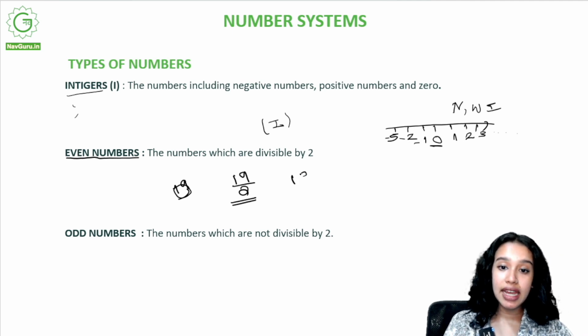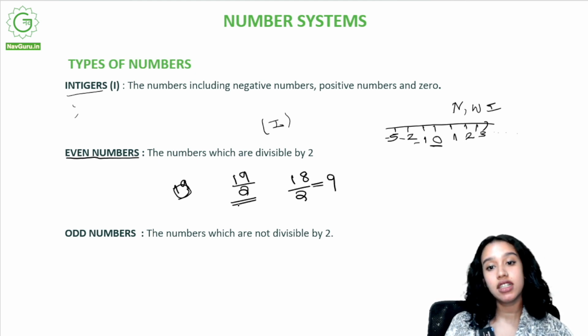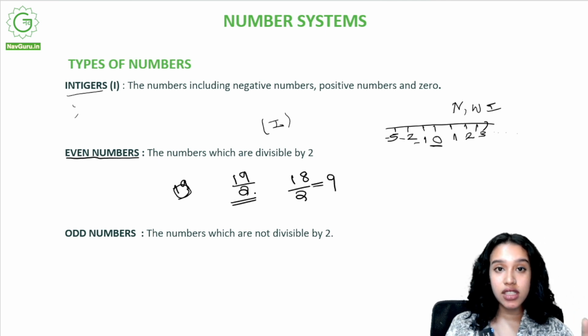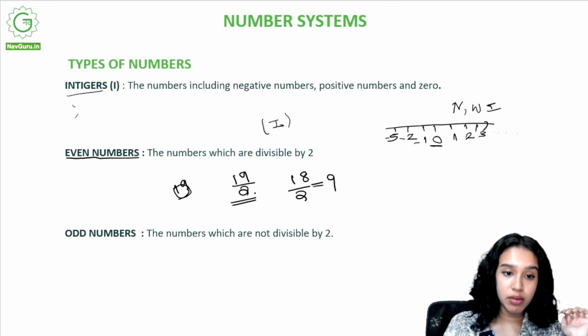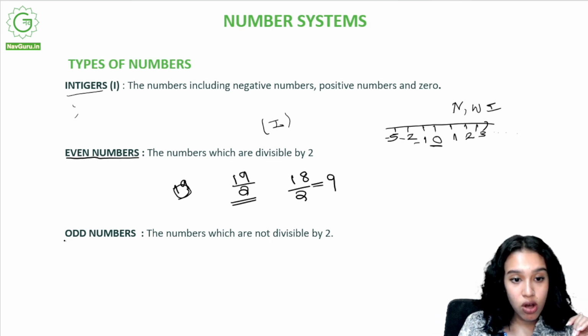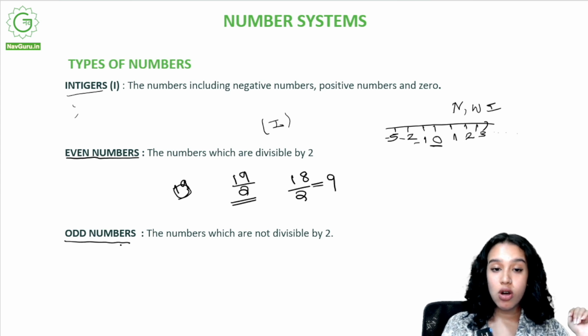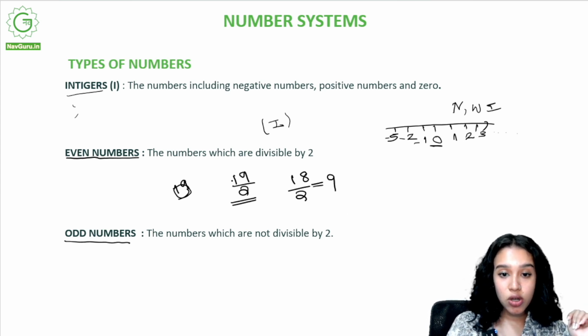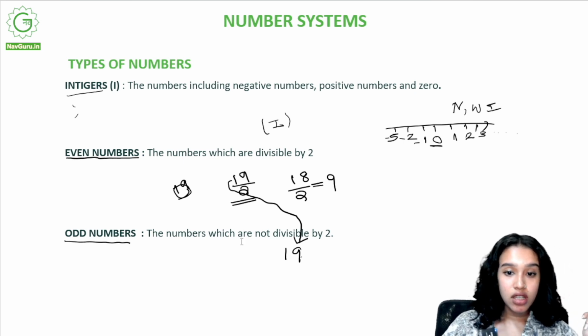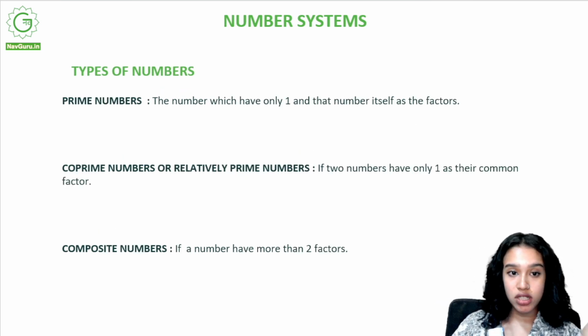If I take 18, is 18 divisible by 2? Yes, we get 9. So any number which is divisible by 2 is known as an even number. The opposite of it is called odd numbers. So what are odd numbers? The 19 we talked about is an odd number because it's not divisible by 2. So that's all about even and odd numbers.